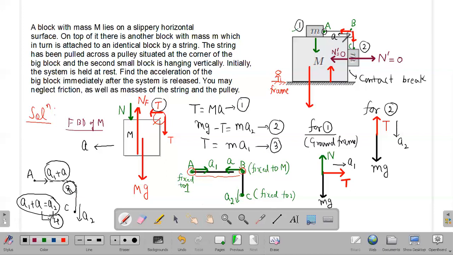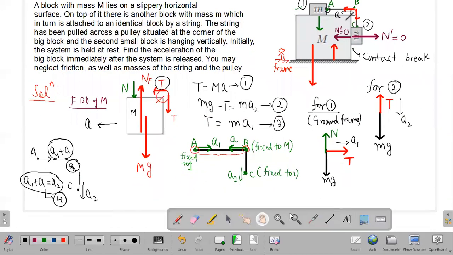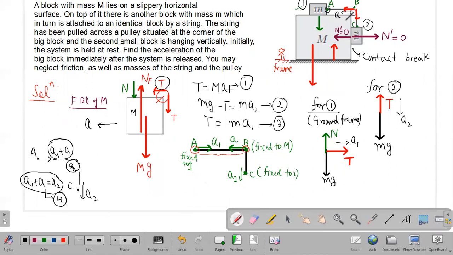So these are 4 equations to solve this question. You can simply replace all the accelerations from equations 1, 2, 3 in this equation, and then you will be able to find the value of tension force. That means I substitute the value of a, the value of a2, and the value of a1 in equation number 4.